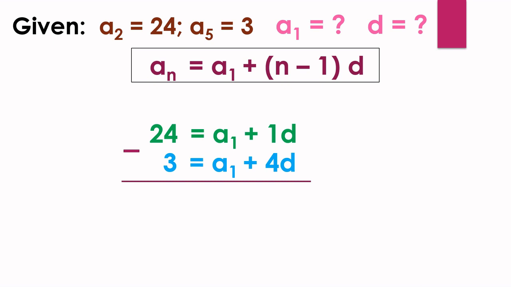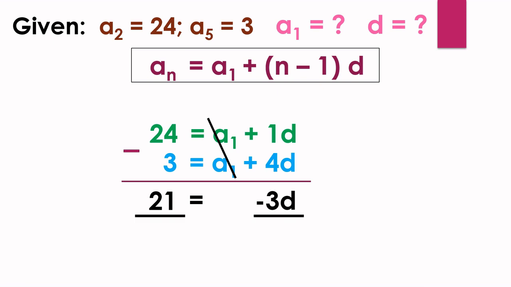We subtract 24 minus 3, the answer is 21. And a sub 1 minus a sub 1, we can cancel that out since that is equal to 0. And 1d minus 4d, that is equal to negative 3d.